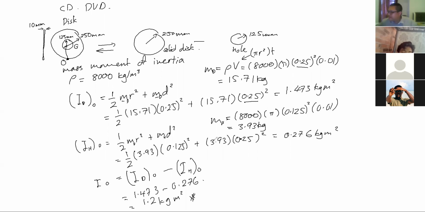Okay, the second example is, we only have two examples. I hope I can do it quickly on the second example. How to do this?